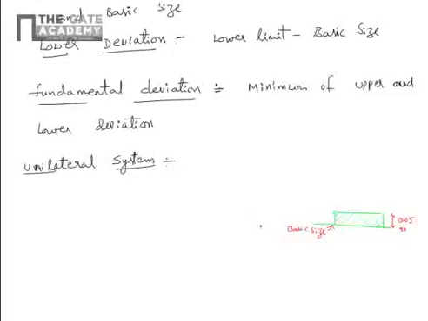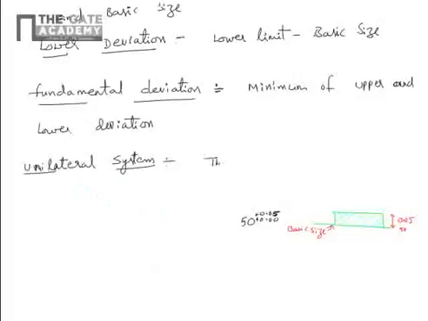It can be represented as 50 plus 0.05 plus 0.00. So the dimension is varying only in upper side, only in one direction. So that's why it is called unilateral system.